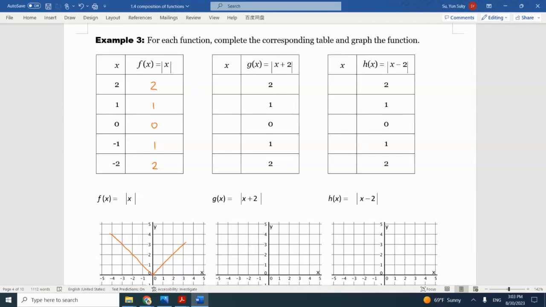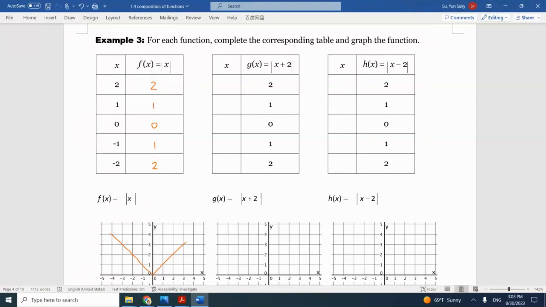Okay, so right now, do you see this plus 2 is inside the absolute value? Okay. So this means when x plus 2 is 2, find the x.